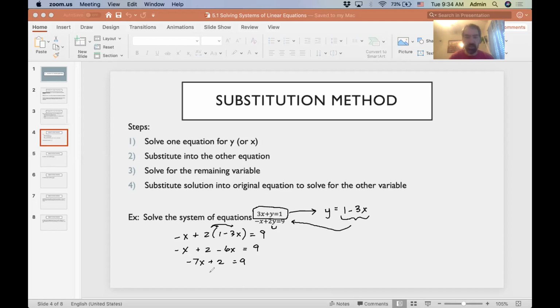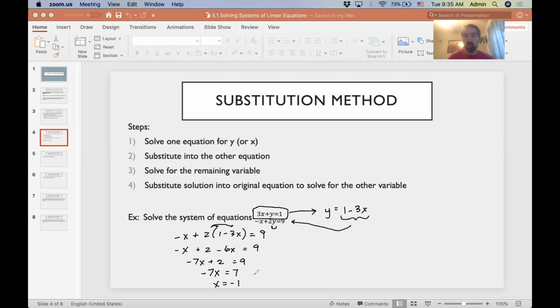We'll continue solving for x by subtracting 2 from both sides. 9 minus 2 is 7. And then dividing both sides by negative 7. 7 divided by negative 7 is negative 1. Okay, so I have solved for x. That's x equals negative 1.